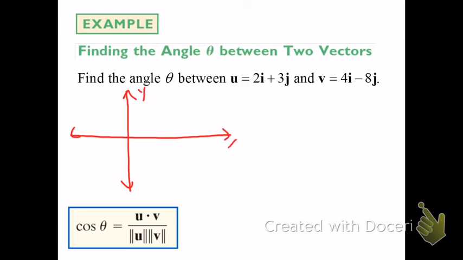Okay, and I'm just going to roughly plot these two algebraic vectors. So we have horizontal 2 and a vertical 3. So here is the terminal point of u. Draw in vector u.